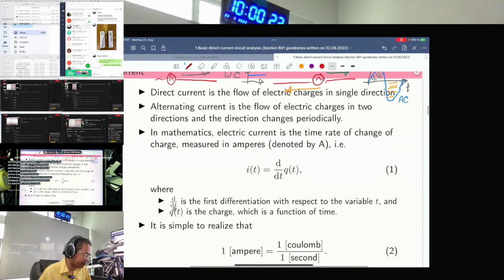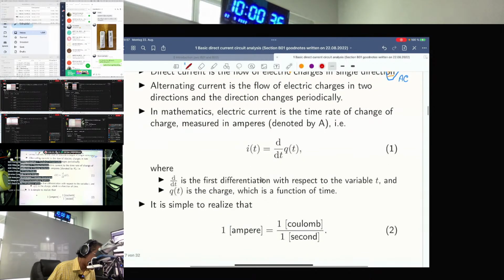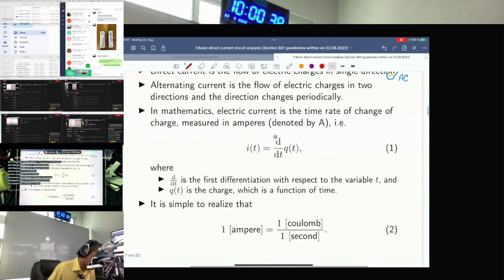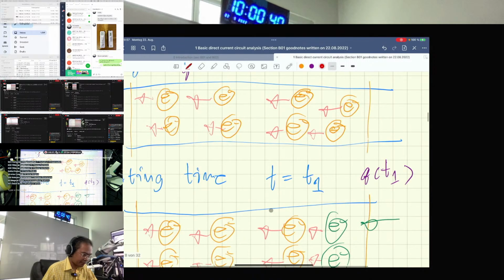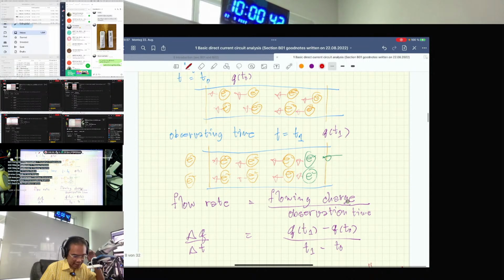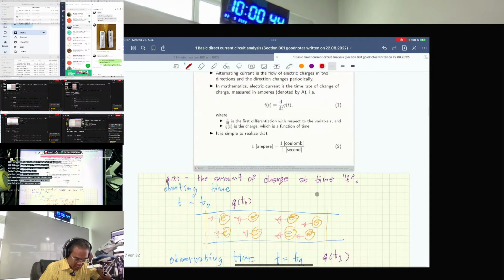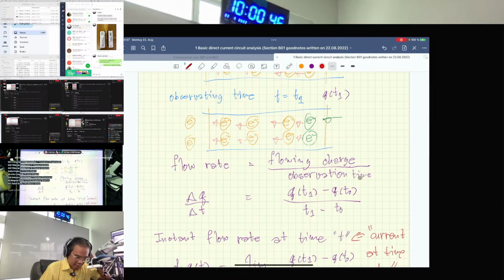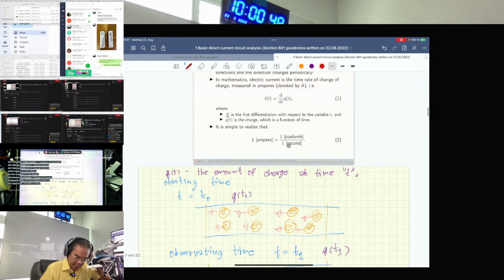I think you have seen this operator before, from EE111, the derivative with respect to time t. And q(t) is the charge function, and it depends on time. The unit is the ratio: the numerator, charge, has the unit of coulomb, and the observation time has the unit of second, so it's going to be called coulomb per second.